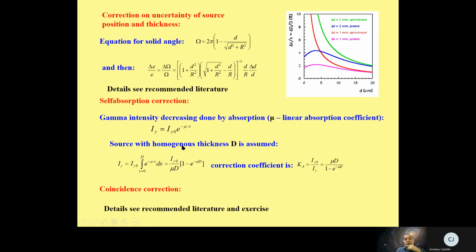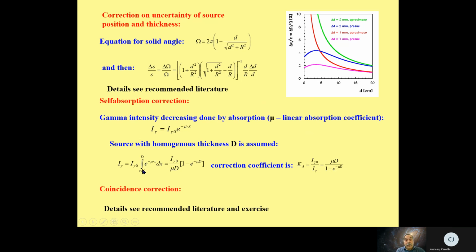If you have this source with a homogeneous distribution of radionuclides and some thickness, it's necessary to do an integration, because some gammas go through the whole thickness and some are on the opposite side of the foil, near the detector, and have zero thickness of material to go through.